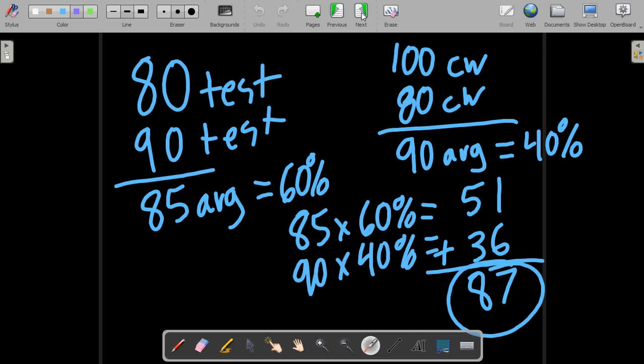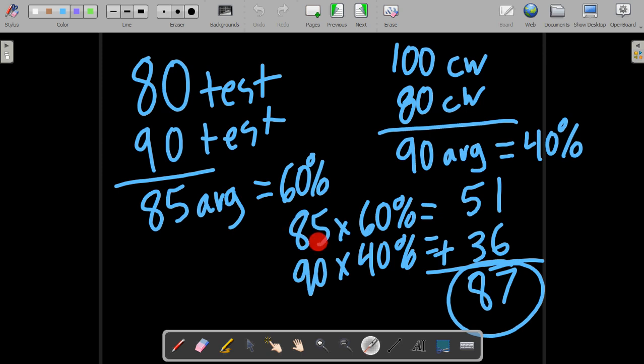And then we talked about weighted averages. So if you have, these are your test grades, they average out to 85. But that 85 is only 60% of your final grade. And then if these are your informal grades, they average out to 90. But that's only 40% of your final grade.